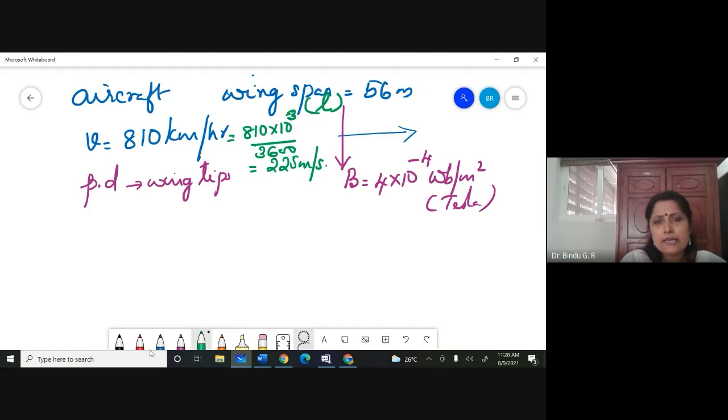And the vertical component of Earth's magnetic field is given as B, 4 into 10 raised to minus 4 Weber per meter square. Calculate the potential difference.